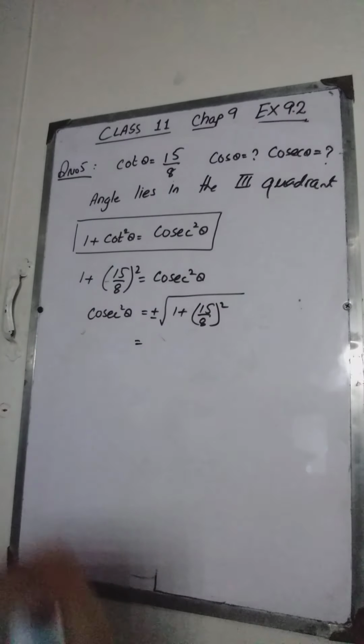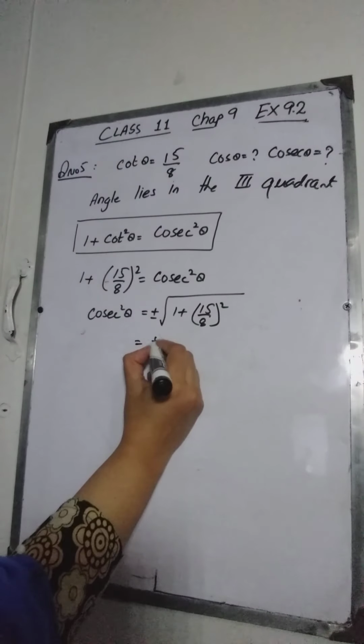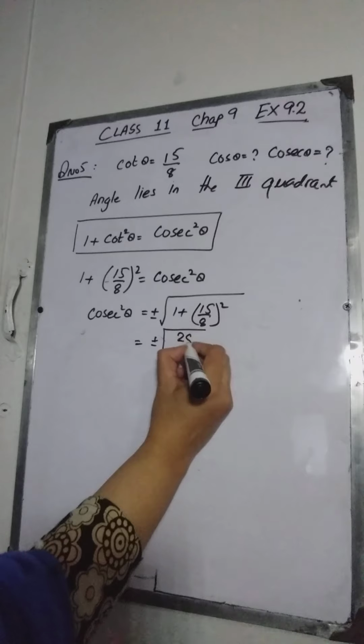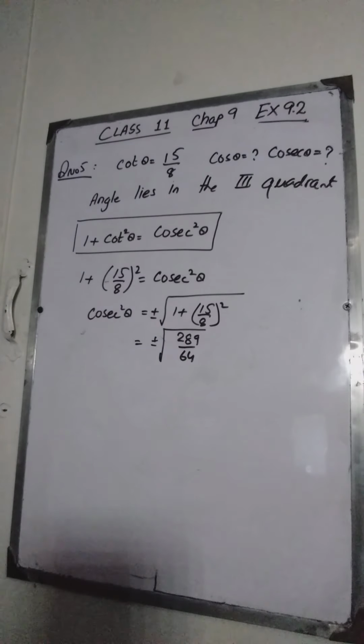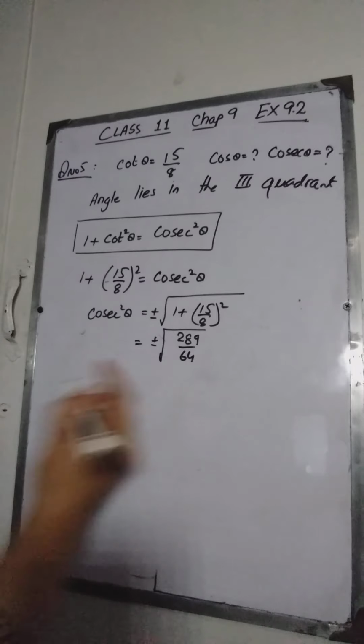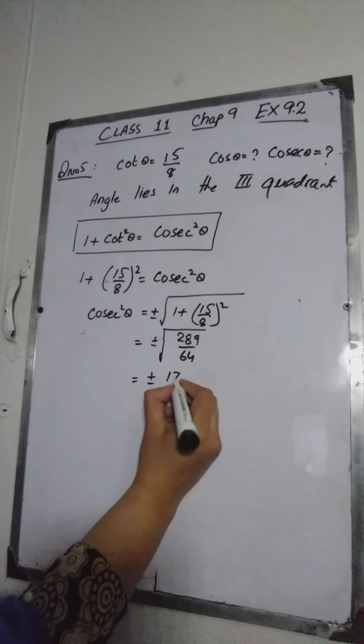Now making use of the calculator, this will be equal to plus minus 289 by 64, and taking the root of this we will get plus minus 17 by 8.